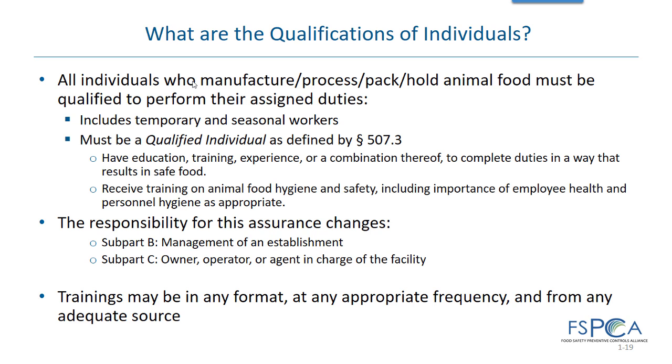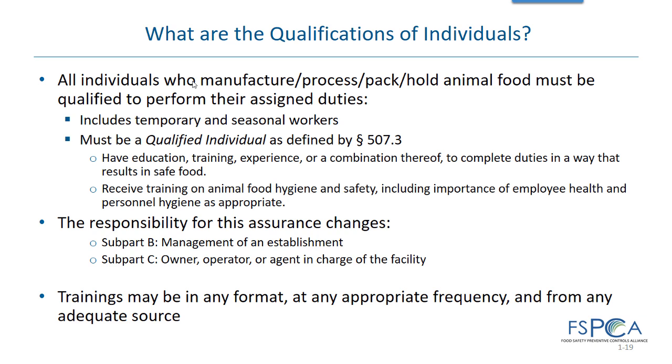So here's all of that information, a little bit more friendly version of the text. All individuals who manufacture, process, pack, or hold animal food must be qualified to perform their assigned duties. This includes temporary and seasonal workers, and they have to be a qualified individual as defined by the definition we just read. That means knowing how to do the job and having animal food hygiene training.